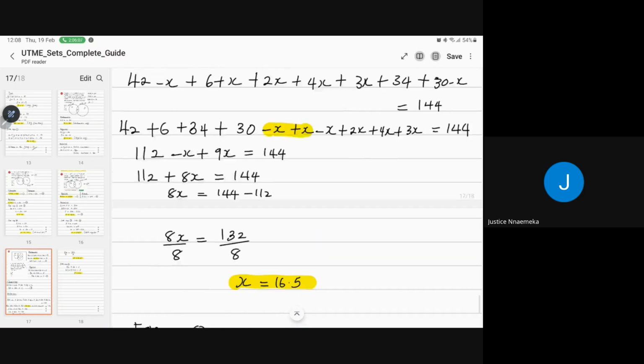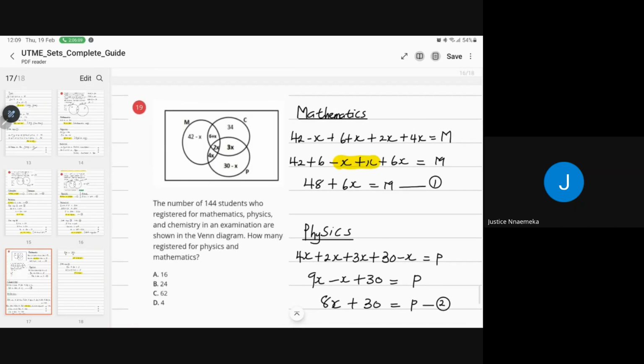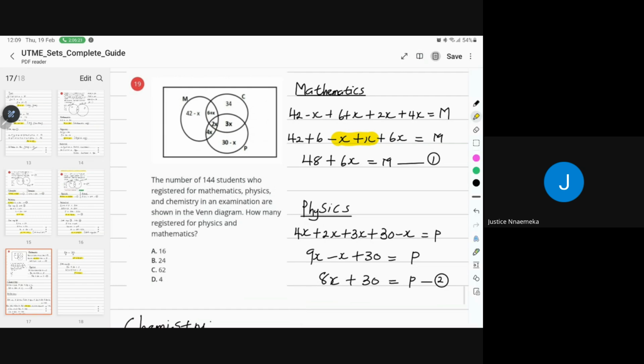The question says we should find how many units are for physics and mathematics. Both of them together, they're asking us about 4x. Physics and mathematics is this one here, 4x.